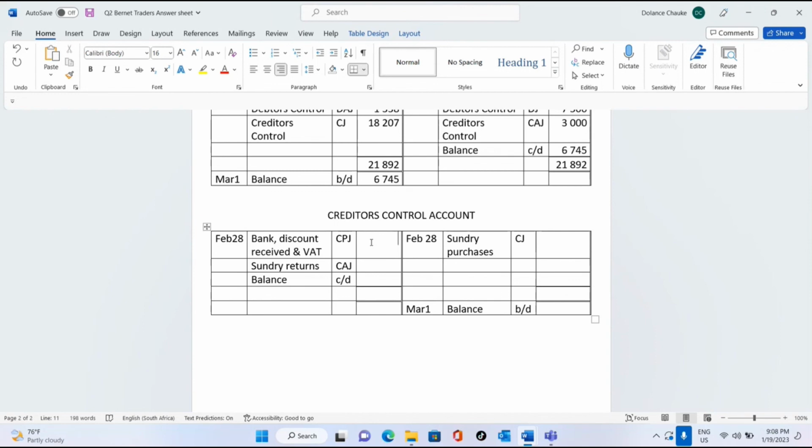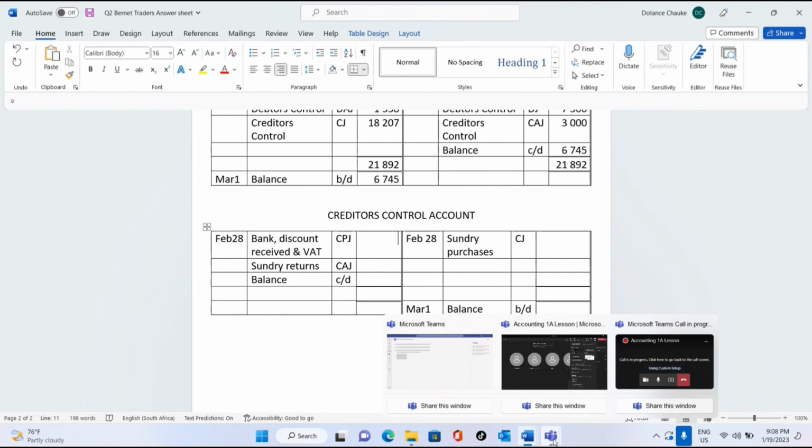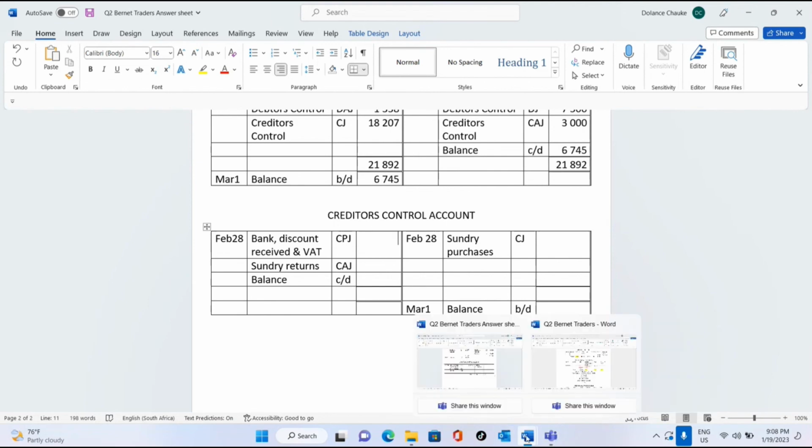And then you're going to look at the purchases returns, which is going to be our CAJ, and then you're going to look at the total of purchases, which is under the creditors journal. Let's go. You'll see what I'm talking about.